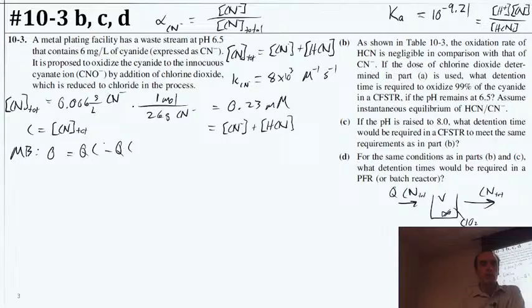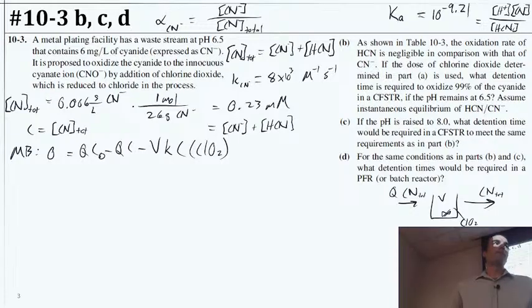So if we set it up that way, this will look very familiar. Minus QC, so QC not coming in, minus QC leaving, plus our reaction term, which will be a decay reaction in that volume. We will have the rate constant described. We will have our concentration of ClO2, which will be constant and very close to 1, so it's almost as if it is just not a factor.